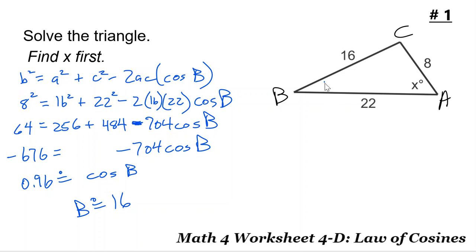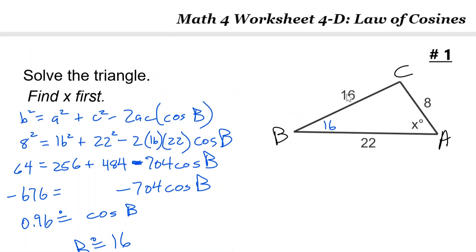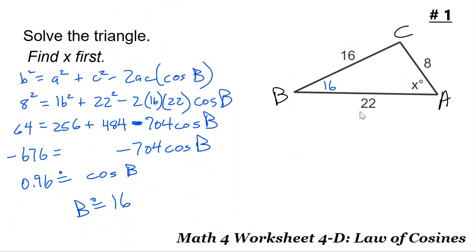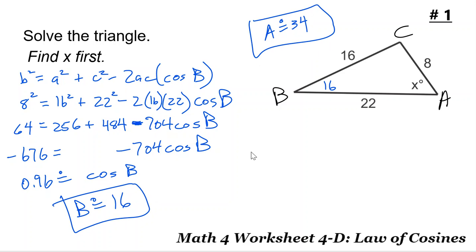Now, if B is 16, and we said that A was 34, then all I have to do is say 34 plus 16 plus C equals 180. And C, I'll see that would be 50.